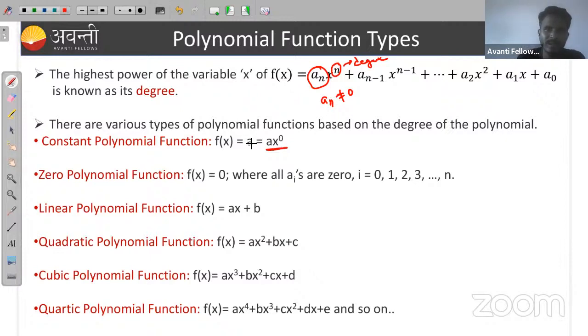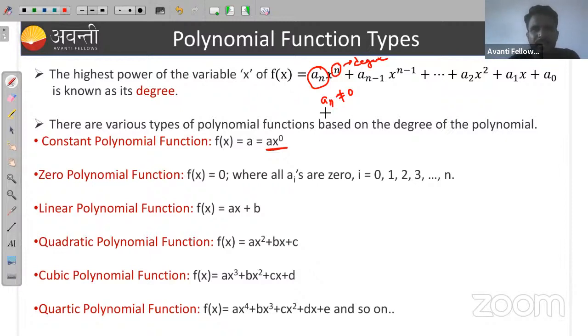Similarly, the zero polynomial is a special case. If f of x is equal to 0, then it is called a zero polynomial. Where every coefficient involved in the polynomial is 0, in that case the entire function will be 0. No doubt it is a constant function, but f of x equal to 0 we call the zero polynomial function, or simply a constant function is said.